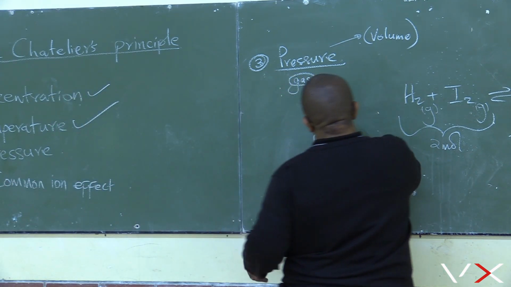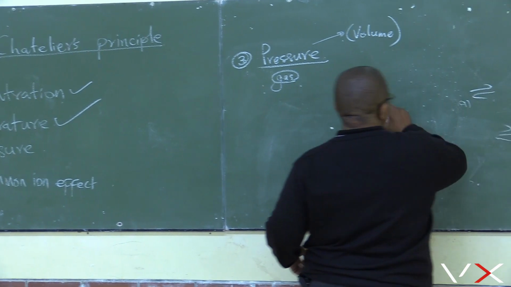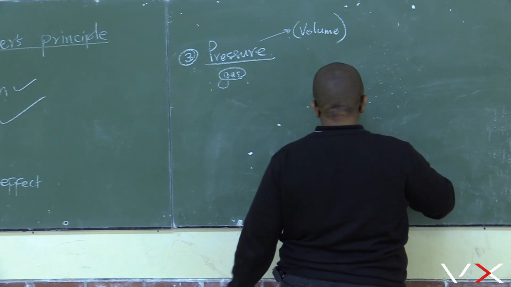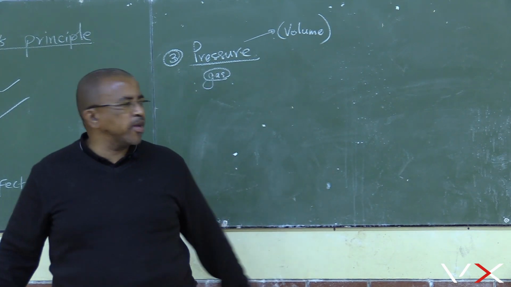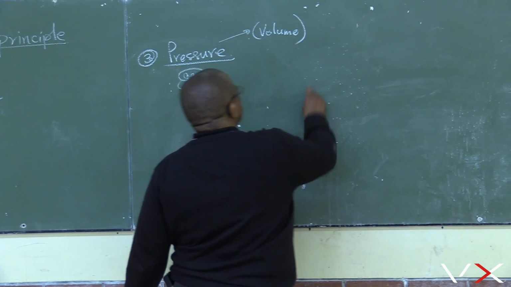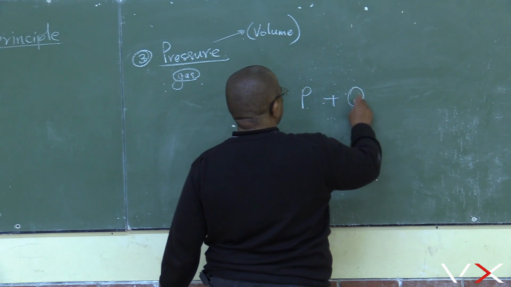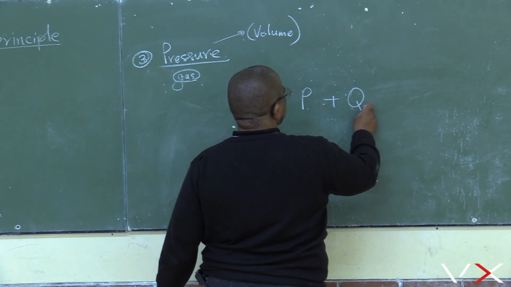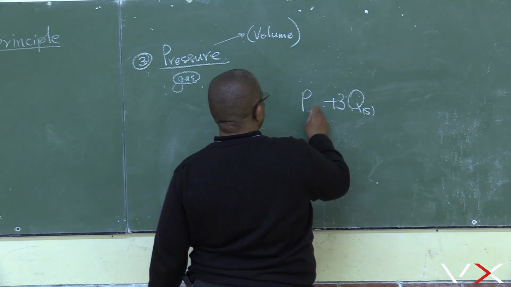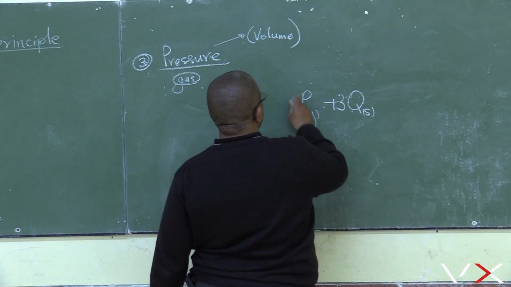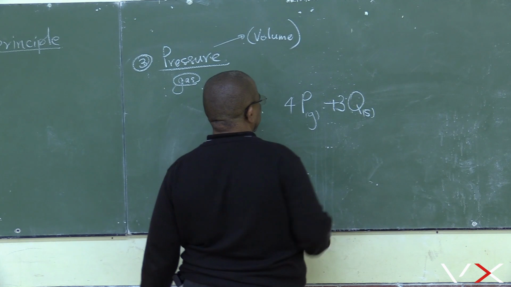What if a similar reaction engine? Let's say you have P reacting with Q. Q is a solid and it's 3 moles. P, it's a gas, and it's 4 moles.